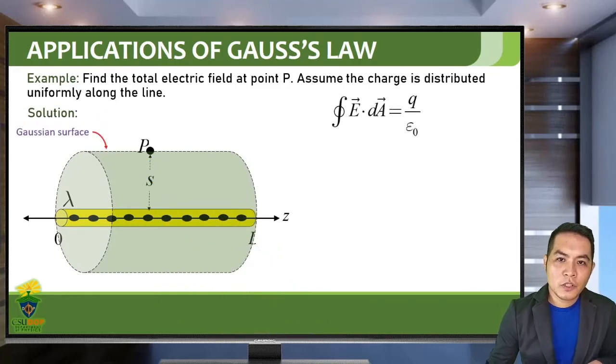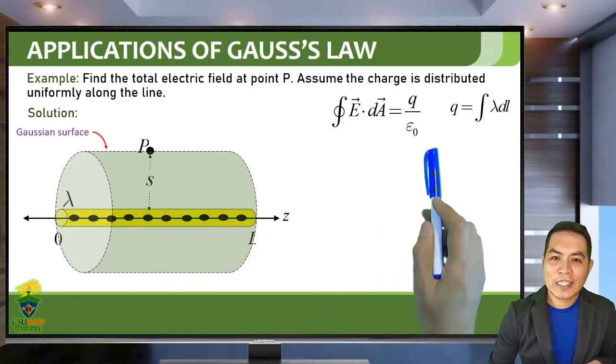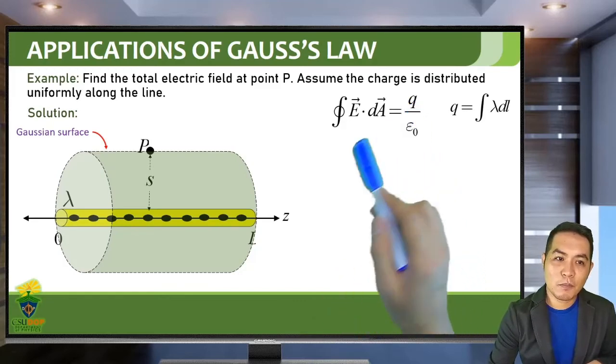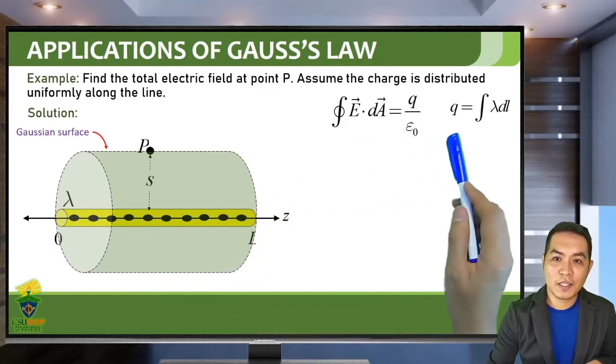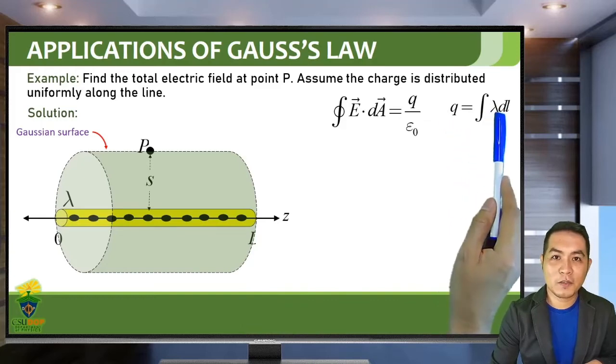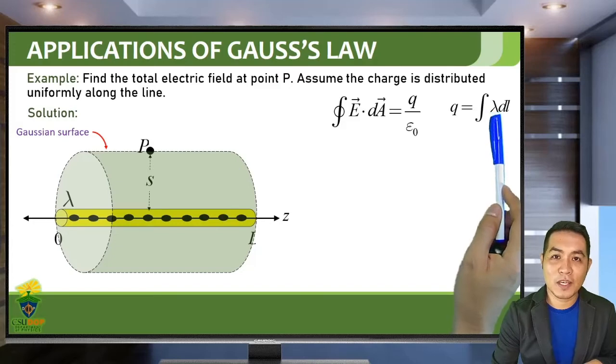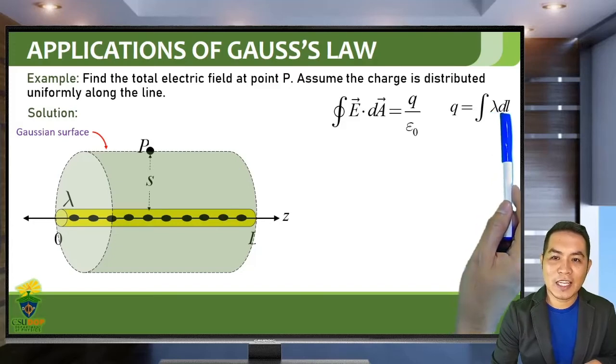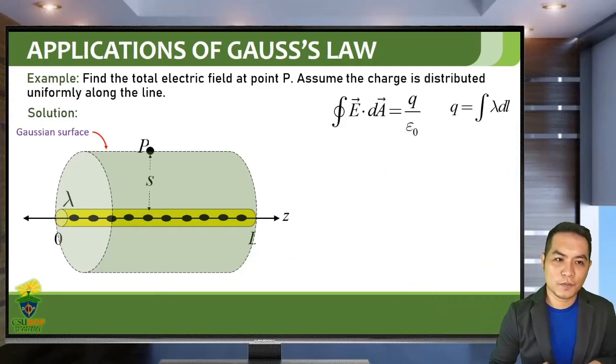So you use the integral form of Gauss's law. E dot dA is equal to Q over epsilon naught, where Q is the charge enclosed by your Gaussian surface. The charge enclosed is just equal to the integral of dq, and in this case dq is lambda dl, where dl is the differential length, or the length of charge enclosed.